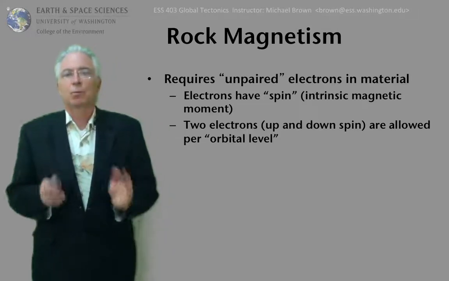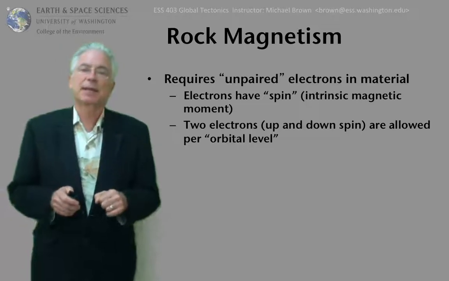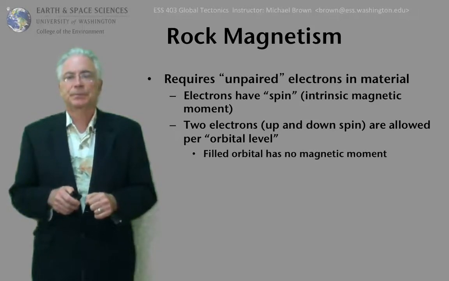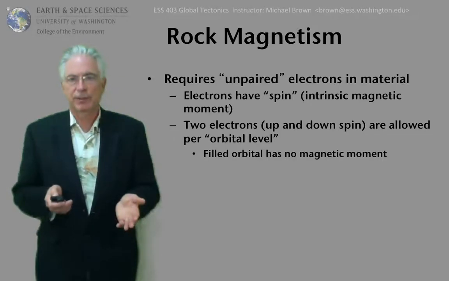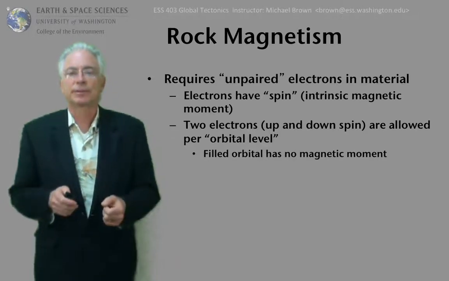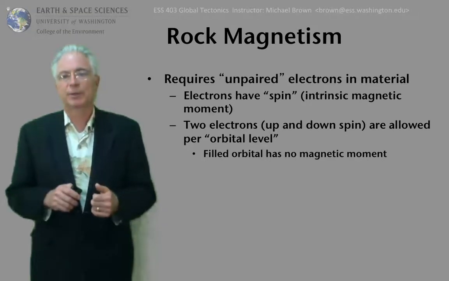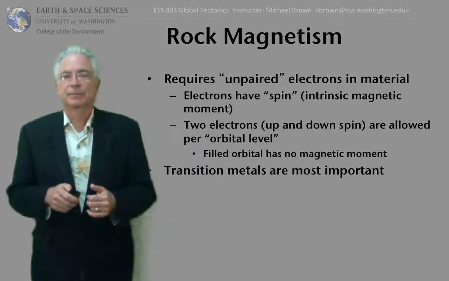So within one orbital level, you can have a spin up and a spin down electron. Thus, if you have a completely filled orbital, there is no magnetic moment associated with that orbital. Only unfilled orbitals have a residual magnetic moment.